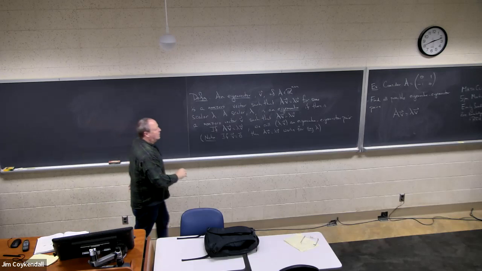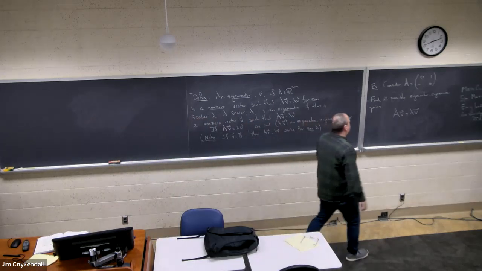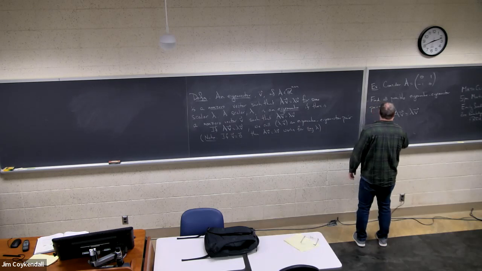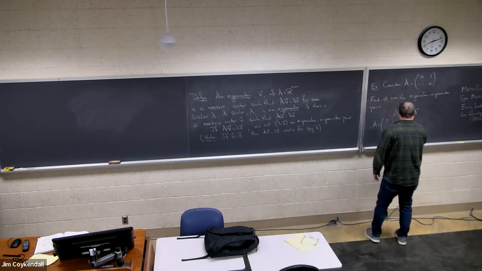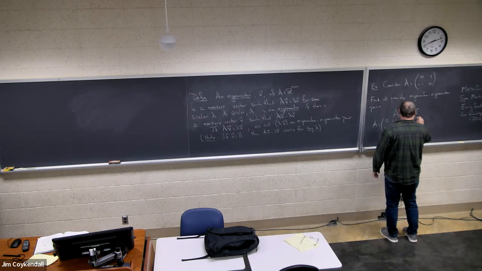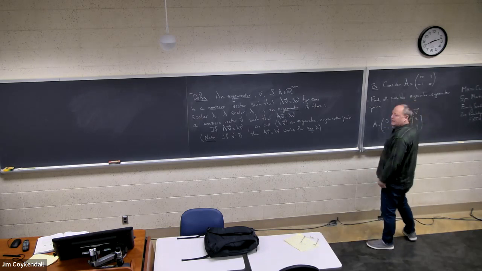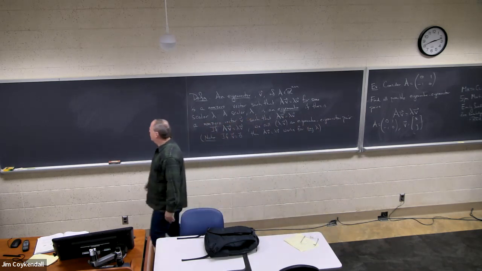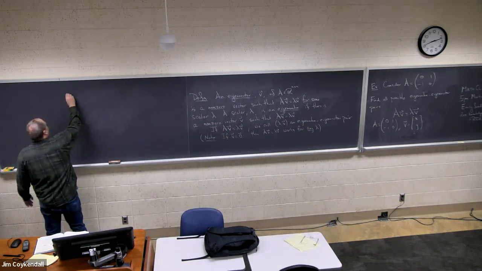So let's write down what our players are. Well, A is 0, 1, minus 1, 0. And v, I'm going to let this be x, y. And lambda is just lambda. Right? So let's see what we get.